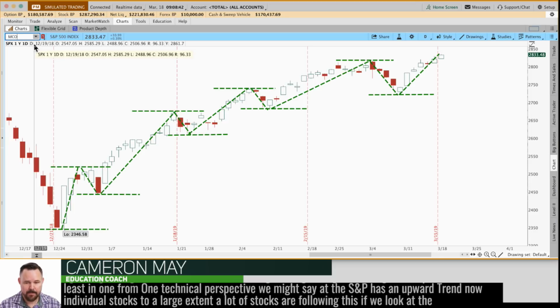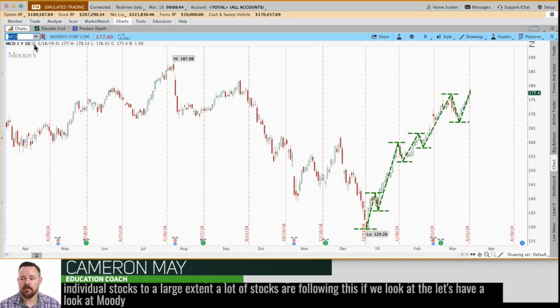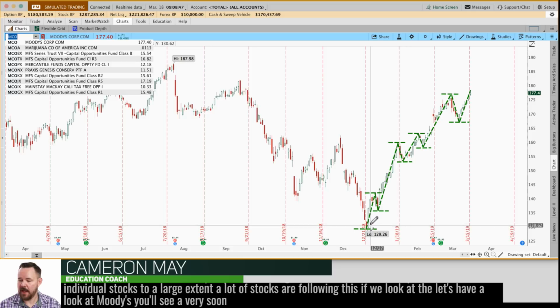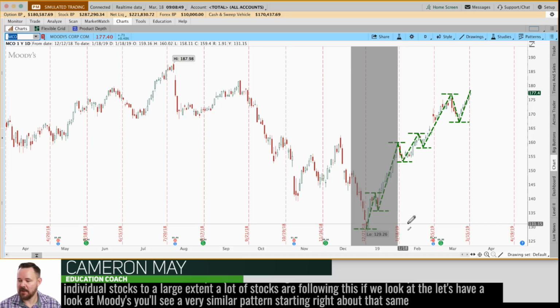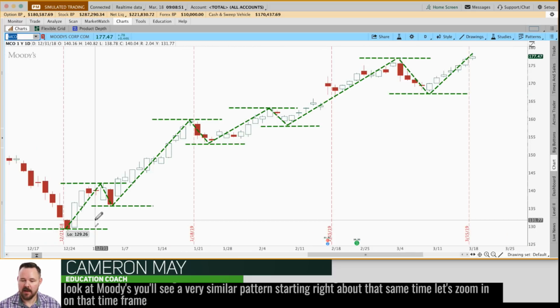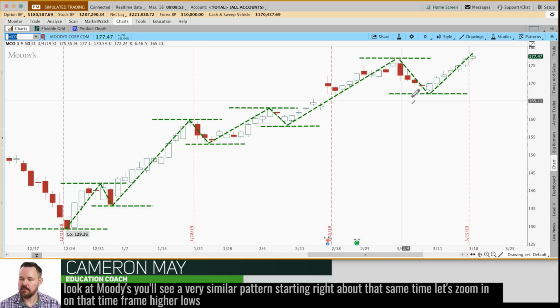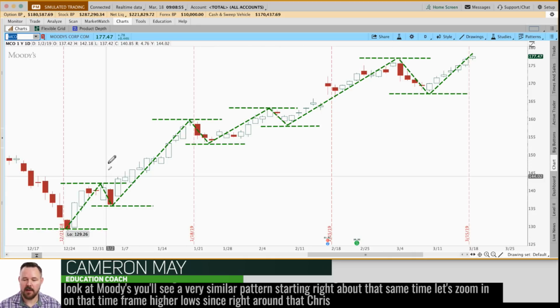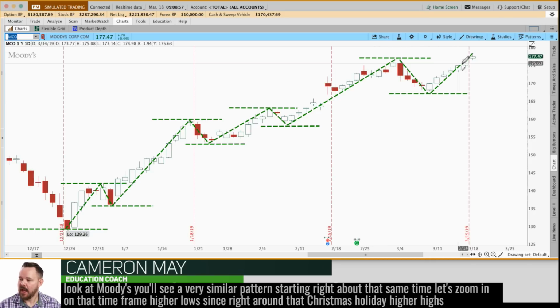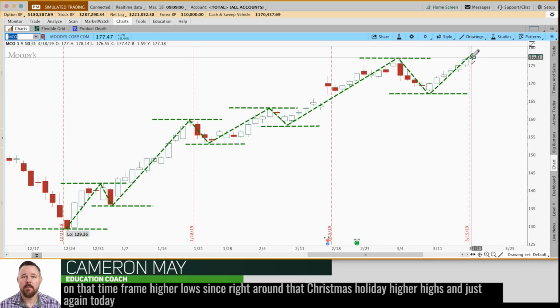Let's have a look at Moody's. You'll see a very similar pattern starting right about that same time. Let's zoom in on that time frame. Higher lows since right around that Christmas holiday, higher highs, and just again today, peaking up to a new high.